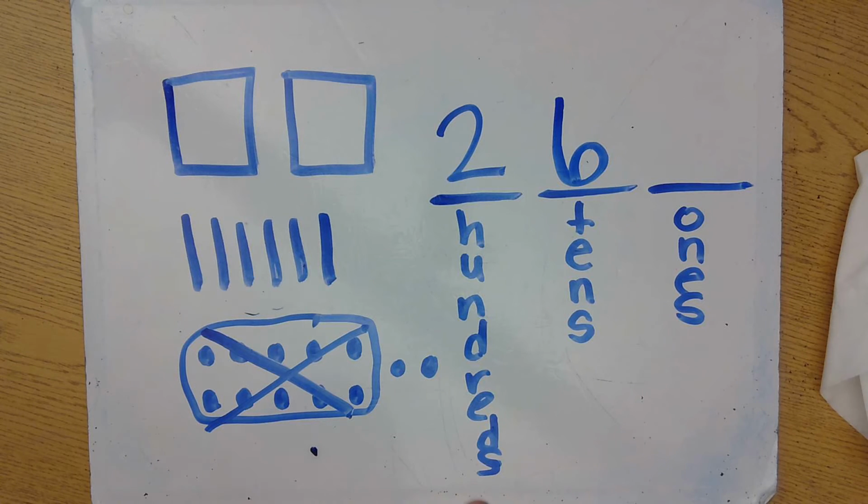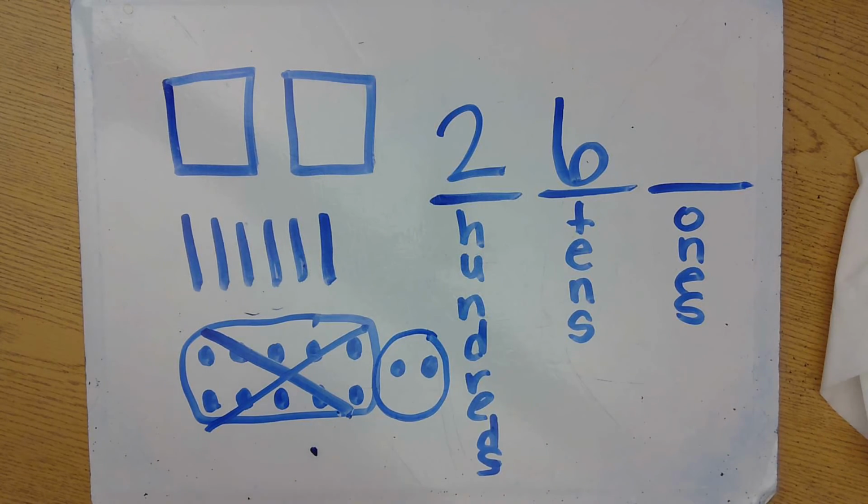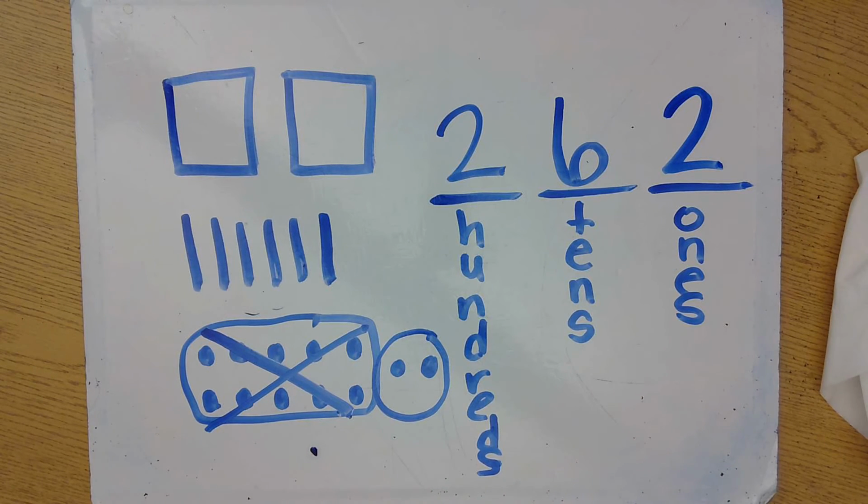And how many cubes do I have? Well, I don't have 12 anymore because remember I traded 10 of them in to give myself another long. So I only have 2 left. So I am going to put a 2 in the ones place.